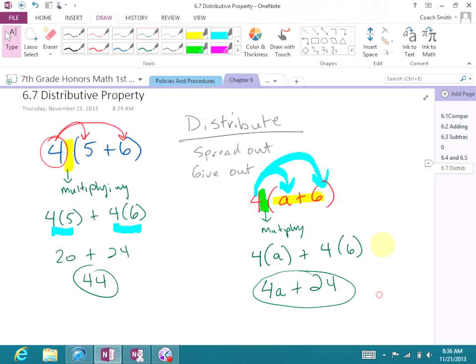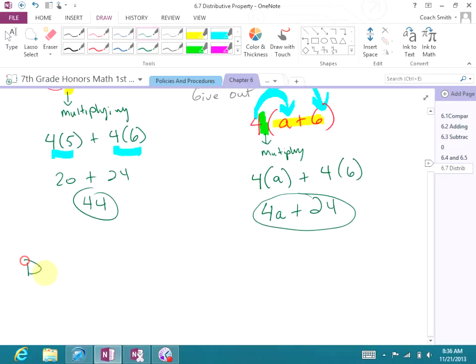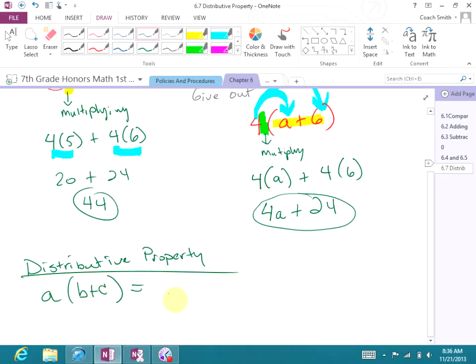Now, the official distributive property looks like this. I've given you number examples of the distributive property. When you see the distributive property, what it's going to look like is this: A times (B plus C) is equal to A times B plus A times C. That's what the official property looks like when you see it in rule form.